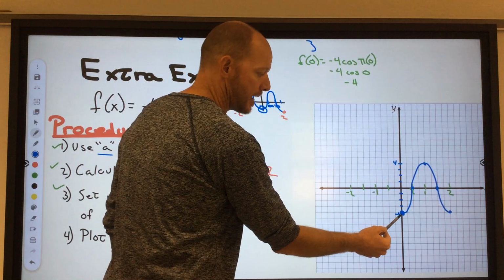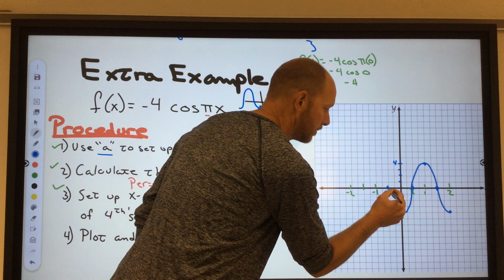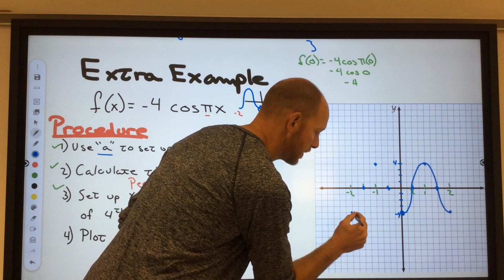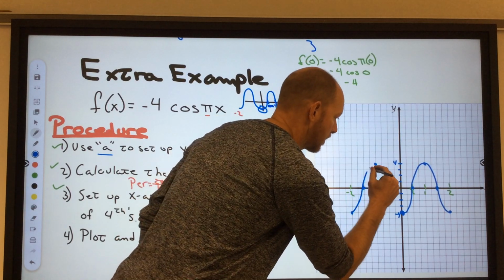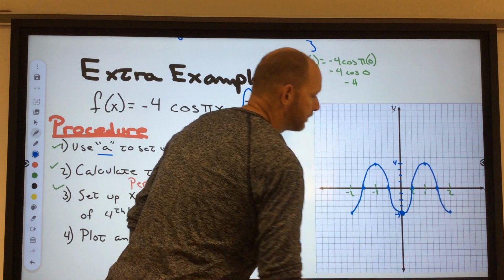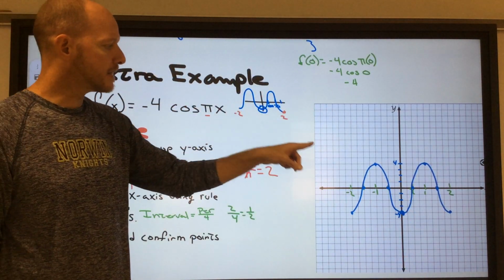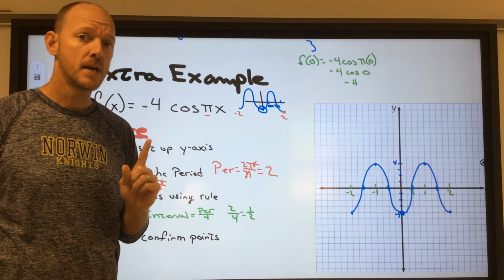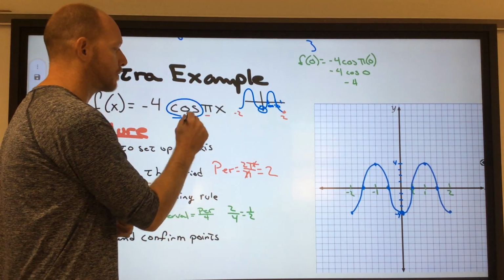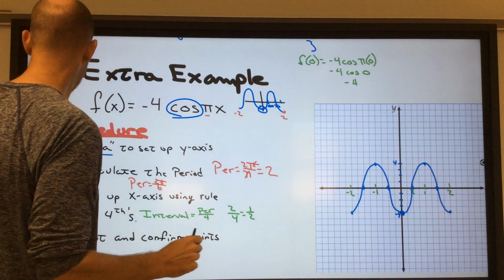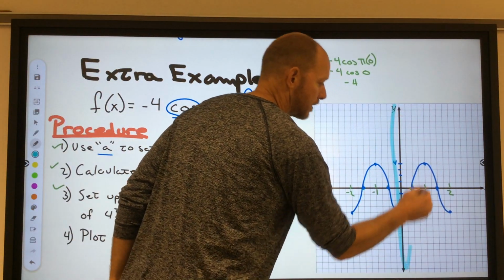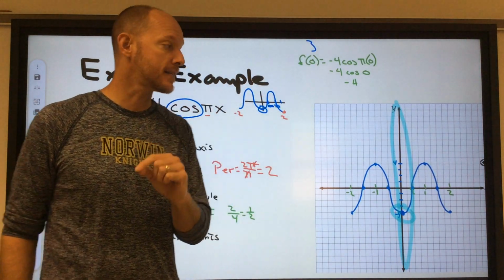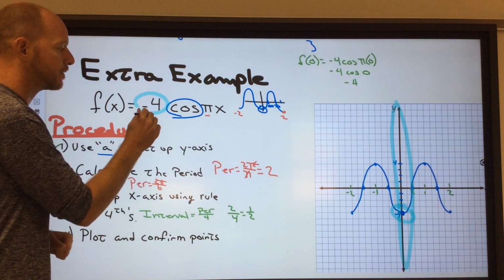And again, since I'm at the minimum, I'm going to go to the middle, to the max, to the middle, to the min. And now I can see that what I thought was going to happen actually happened in this case. And the key here is given that since it was cosine, whenever I look at the y-axis, I can see that I'm starting at a max or min, which in this case is a minimum because my A value was negative.